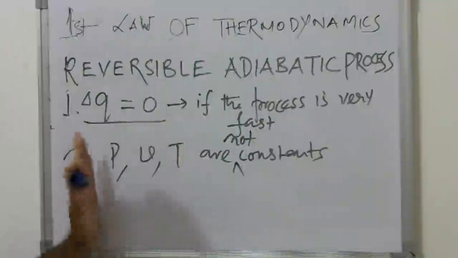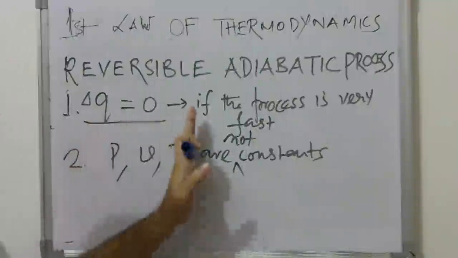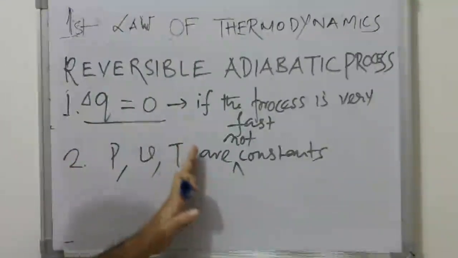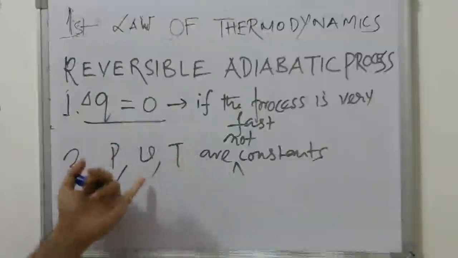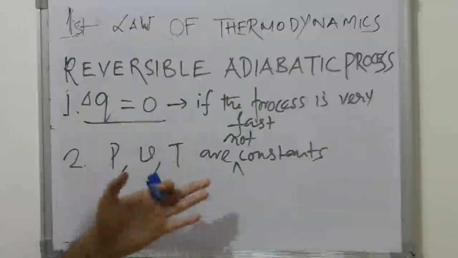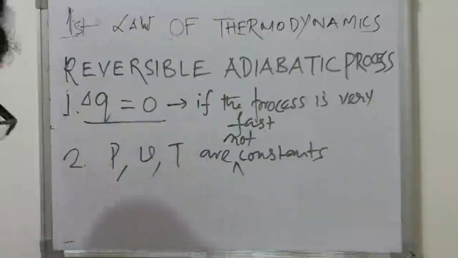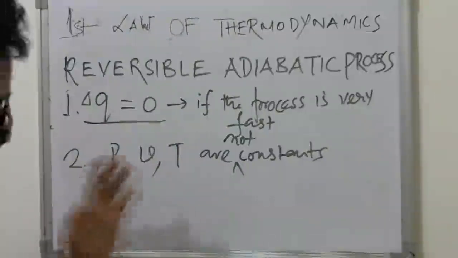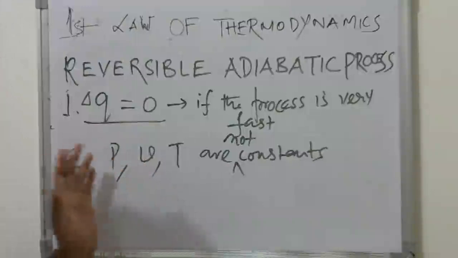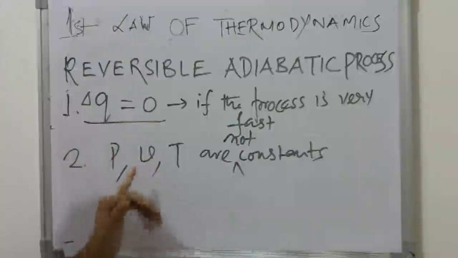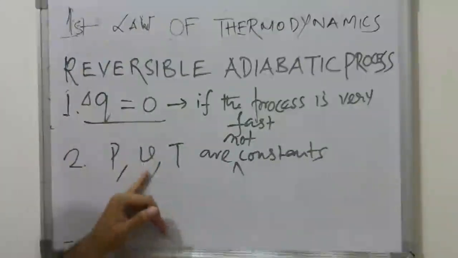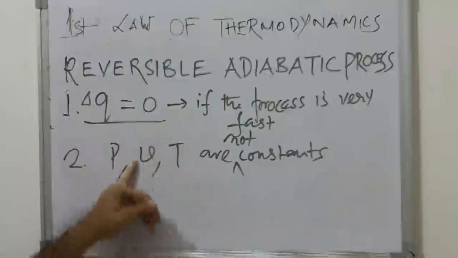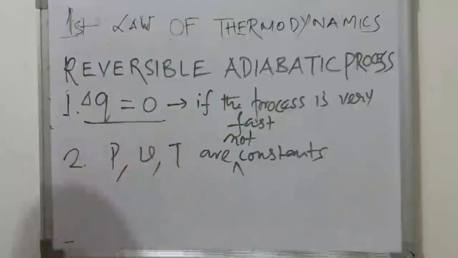So internal energy is not just a function of temperature here, because P and V vary if temperature also varies. You cannot express internal energy only in terms of temperature, because you have the other variables which can vary independently. That is most important. So you have to fix two of the variables to get one fixed.